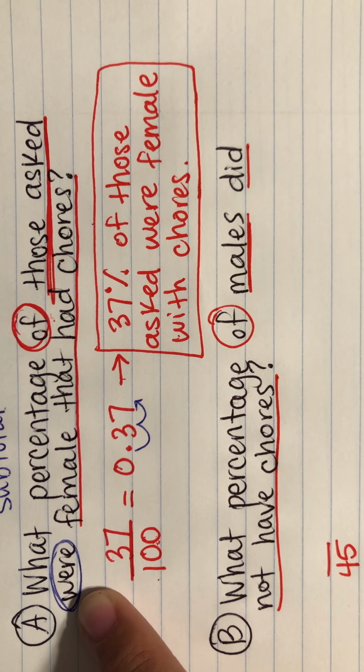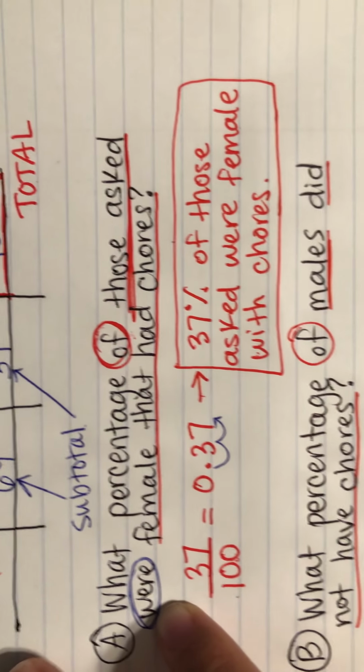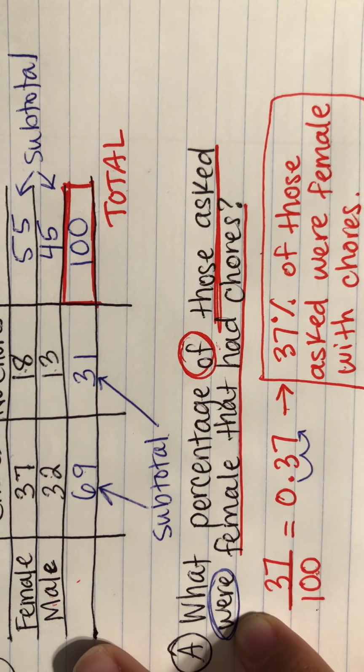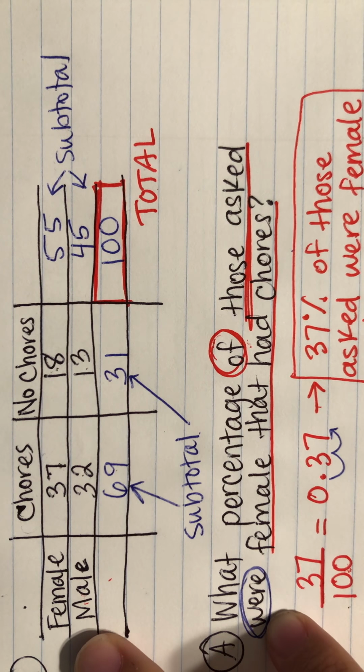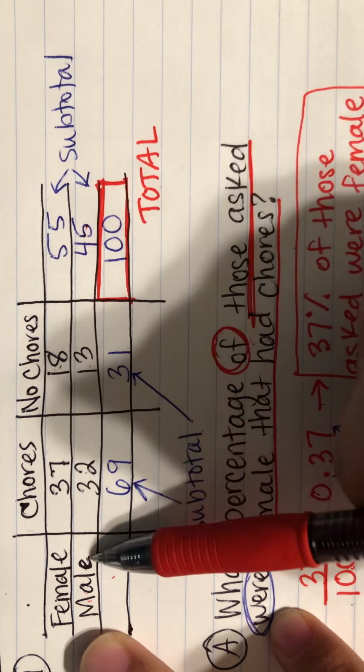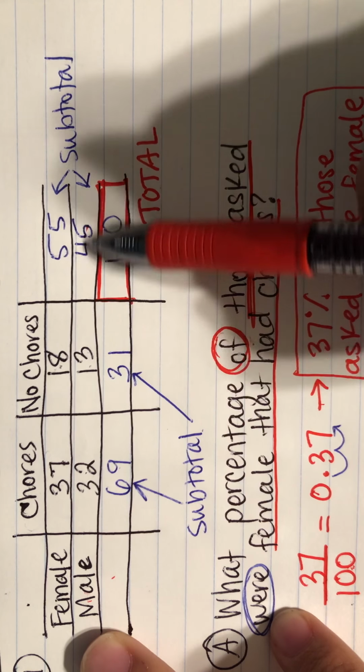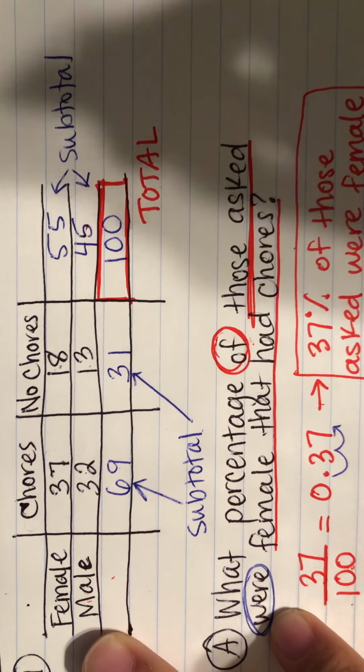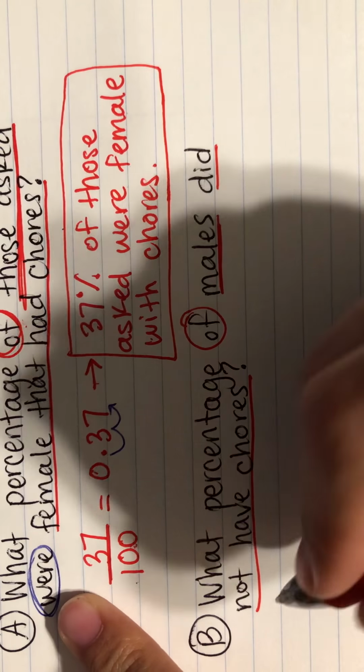So now we're looking at the males that did not have chores. So here's the males. Those that did not have chores is right here. So that 13 is going to go on top.